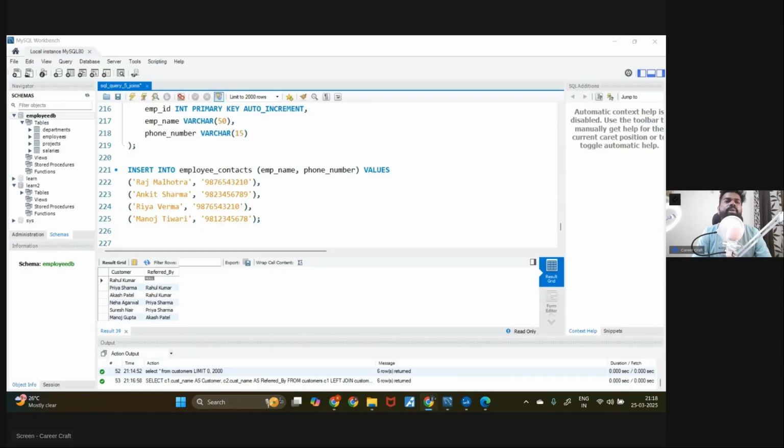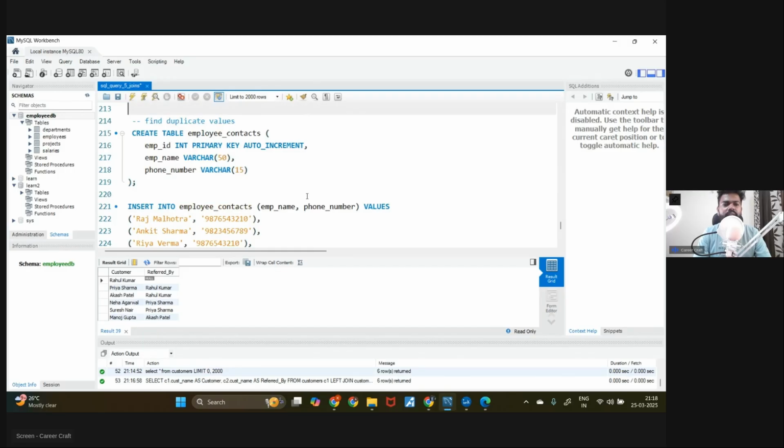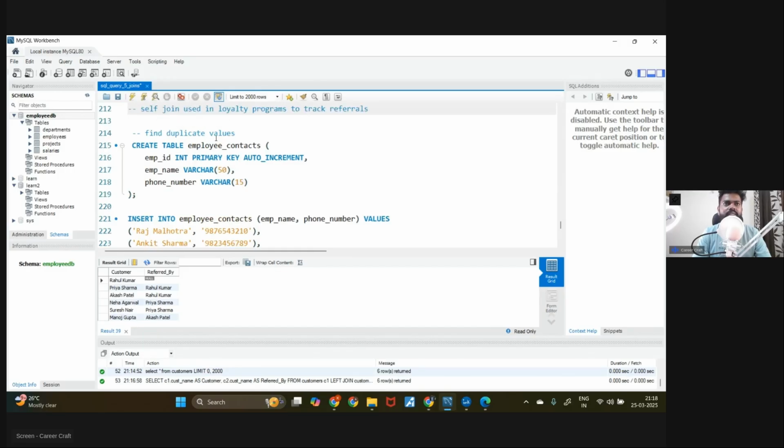This is again a very interesting question: find duplicate entries in a table, in a database, based on phone number, let's say.